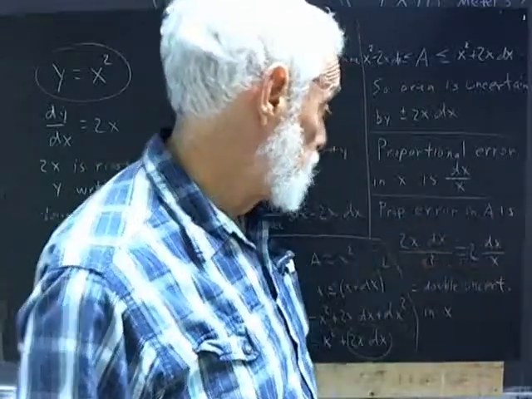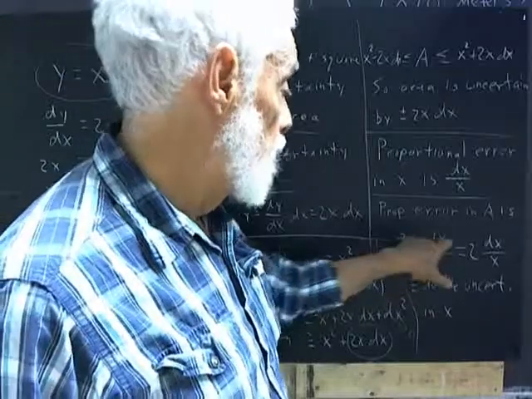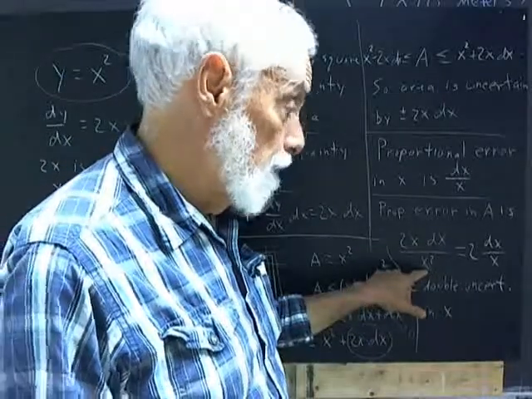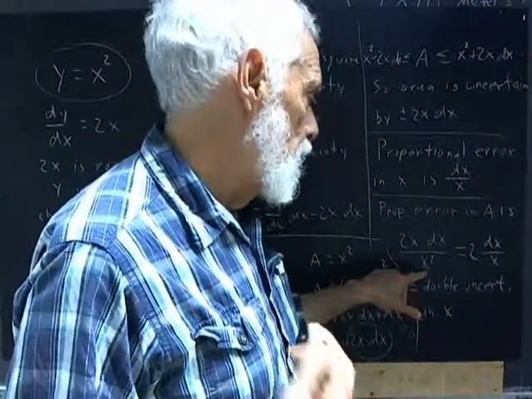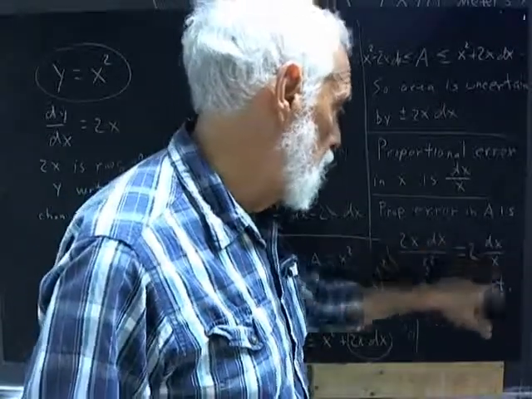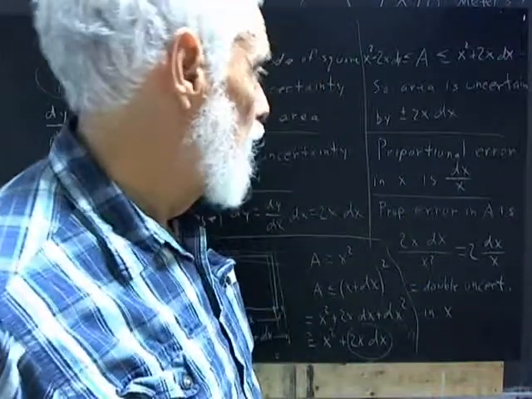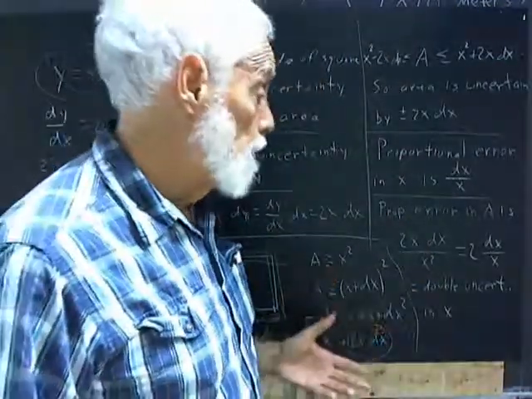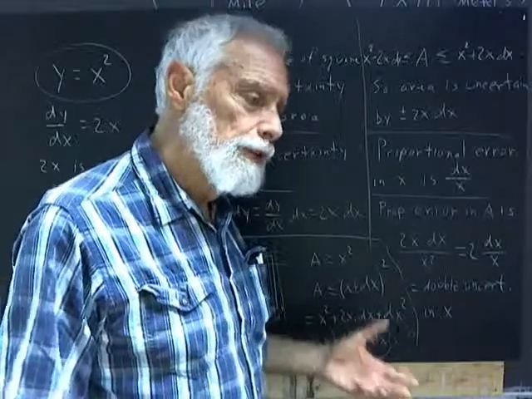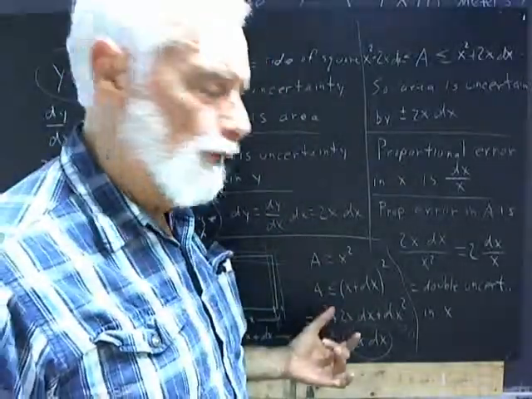Okay, the proportional error in the area: the proportional error in A is the uncertainty in the area, which is 2x dx, divided by the area that we think is most likely, which is x squared. When this is simplified, it's 2 dx over x, and that's double the proportional uncertainty in x.